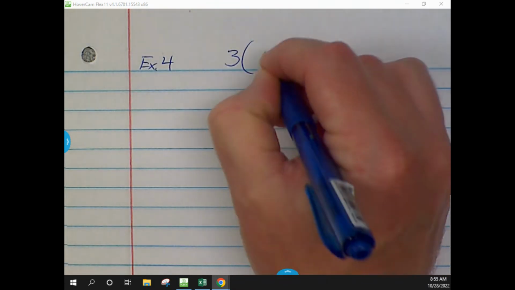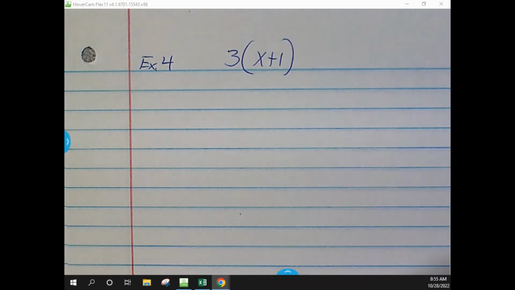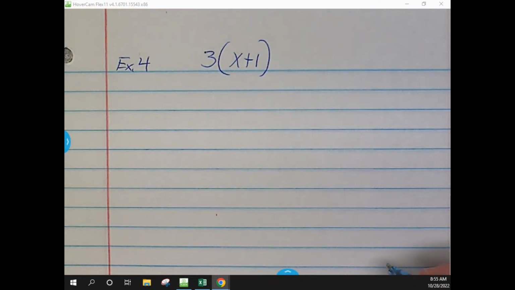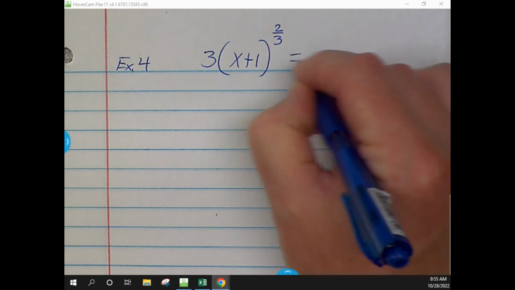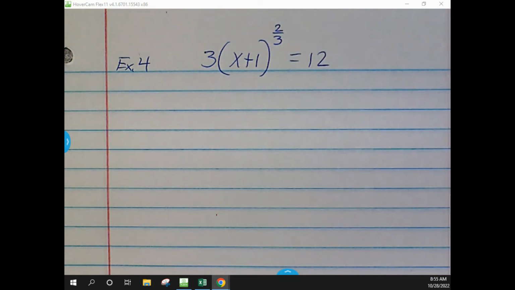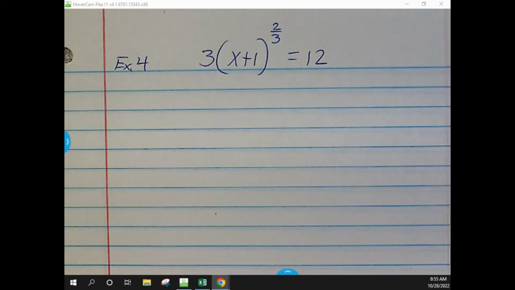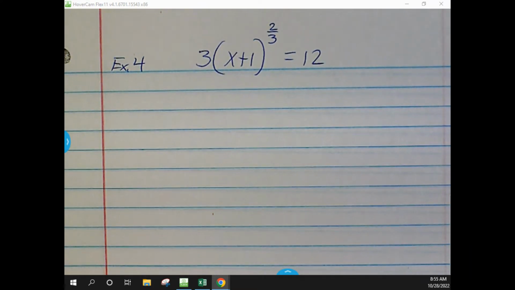Instead of actually seeing a radical, they're going to do like we were doing yesterday, where they've got this in exponential form. Now, the long way is you can rewrite this one in radical form, but it actually makes it a lot longer if you do that one.